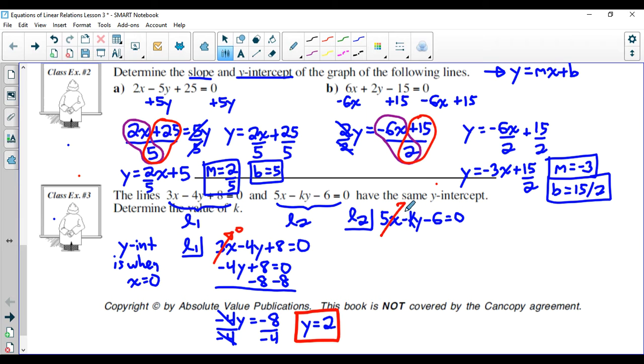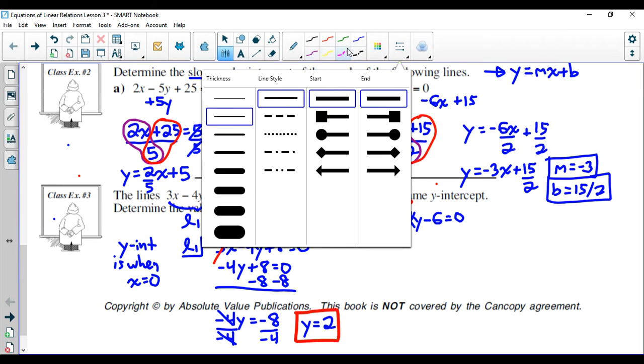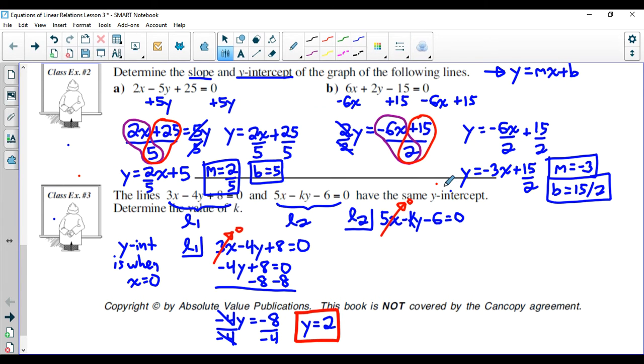So in this equation, if x is 0, then 5 times x is 0, which means I can just get rid of this term. Okay, so this is now going to leave me with negative ky minus 6 is equal to 0.